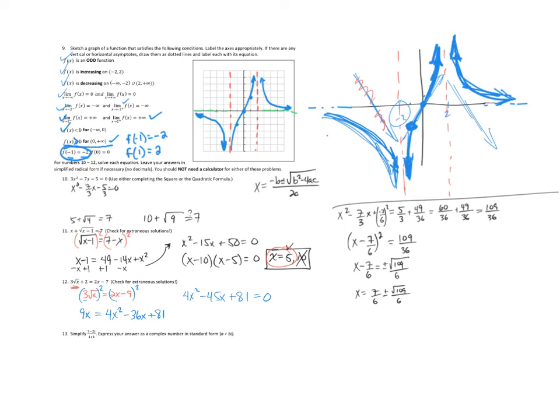So looking at this, we have 4x squared minus 45x plus 81. It probably is going to factor. Looks like maybe it's been rigged. So if we check the product, 4 times 81, we need to find two numbers that multiply to get 4 times 81 and add to get negative 45. So 4 times 81 is like 2 times 2 times 3 times 3 times 3 times 3. That's 81, and that's 4.